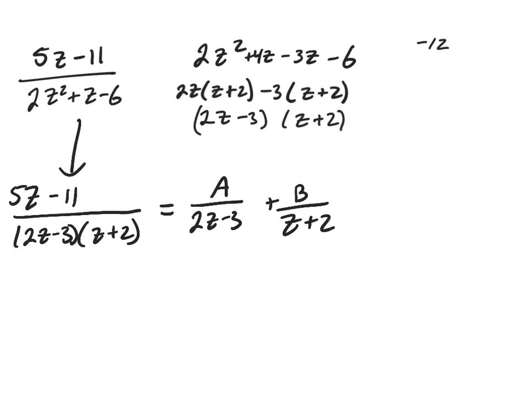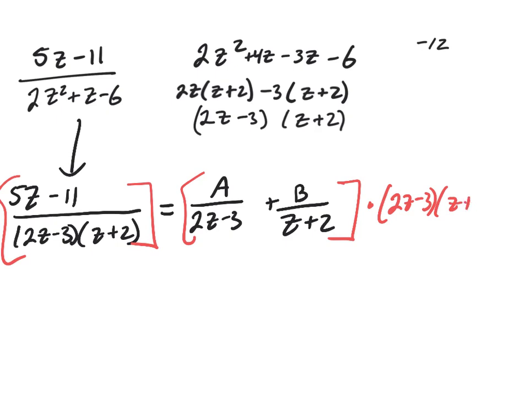Very good. Now I wrote this in a very inconvenient way because I'm not going to have space on that left-hand side to multiply by my least common denominator. So if you're working along with me, don't do that. But we're going to make it work. So multiplying both sides by our least common denominator, that's going to be 2z minus 3 times z plus 2.